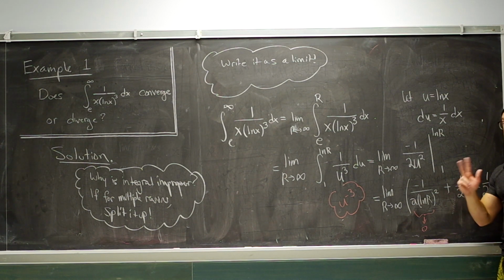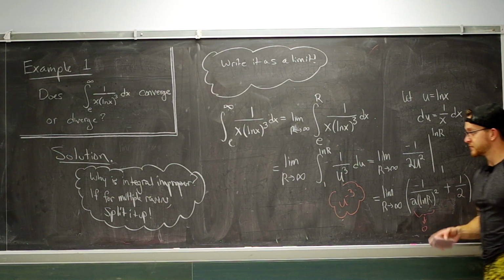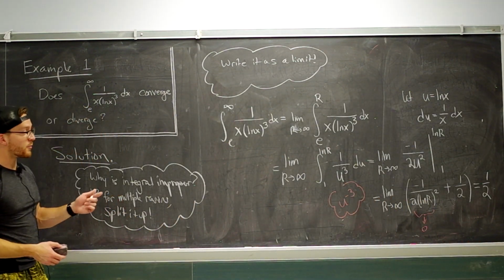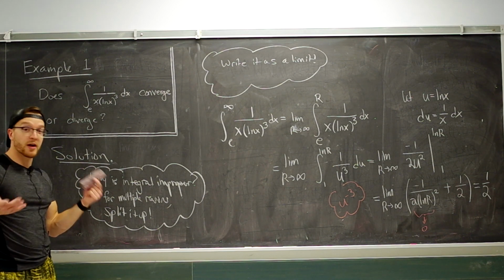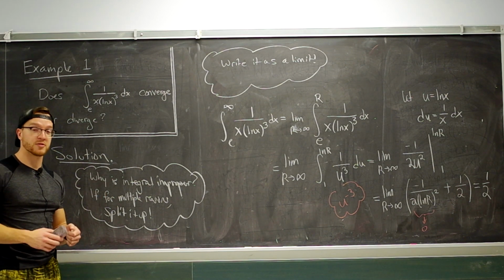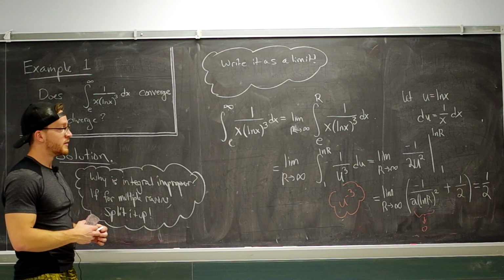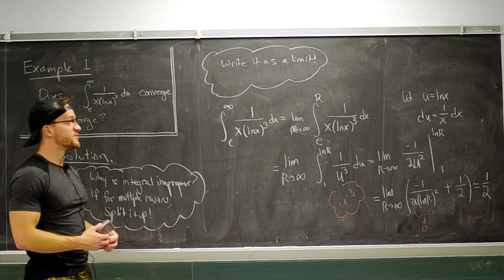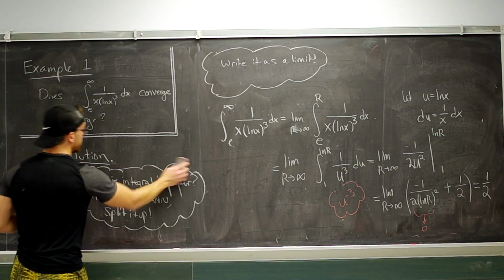Okay. This tells us a couple things. First of all, the fact that we got a finite number by doing this process implies that the integral converges to a finite number. And in fact, it converges to 1/2. That's the value of this improper integral.